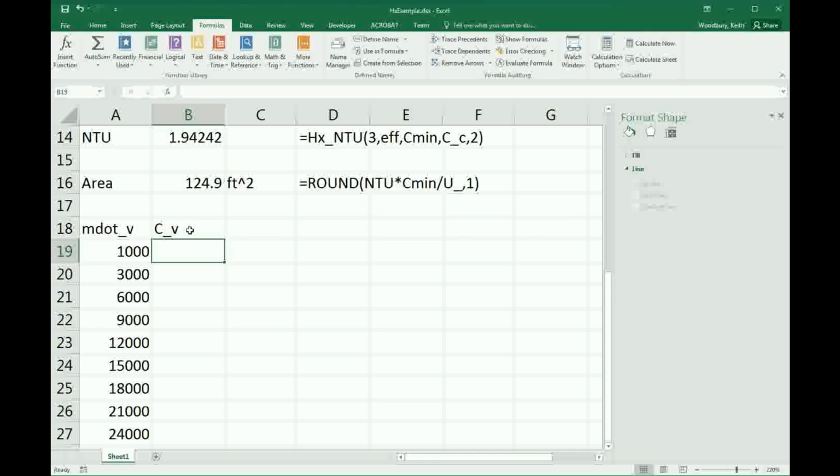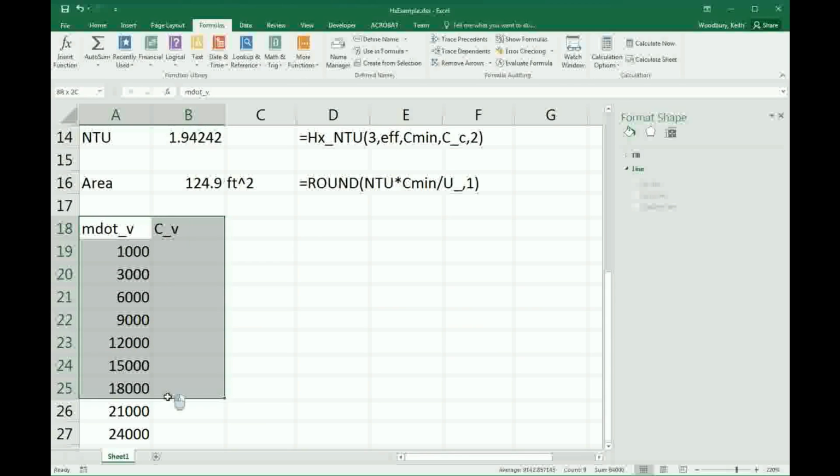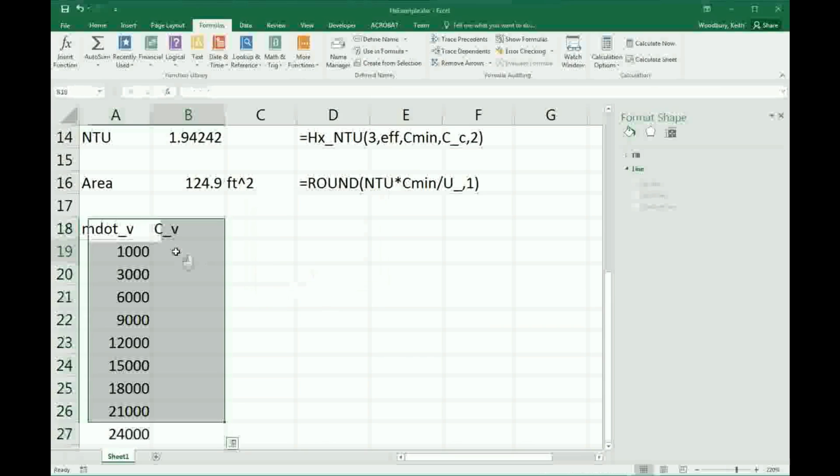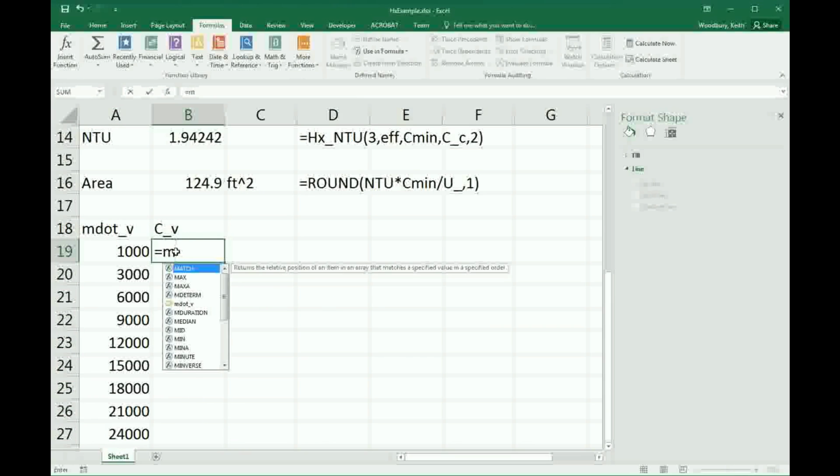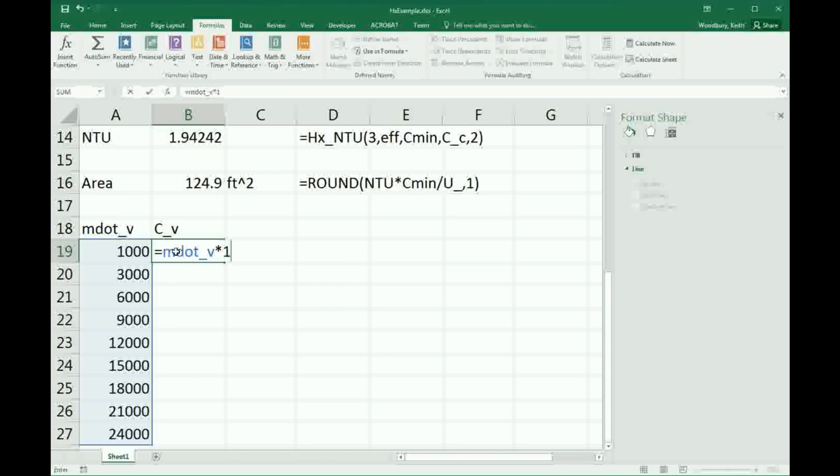specific heat capacity, m dot times c p. This is just equal to m dot w times 1. Why is it times 1? Well, the specific heat of water over a wide range of temperatures is about 1 BTU per pound per degree Fahrenheit.